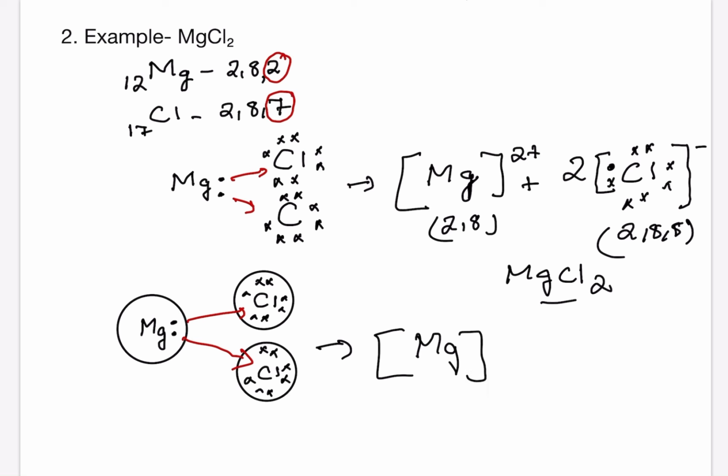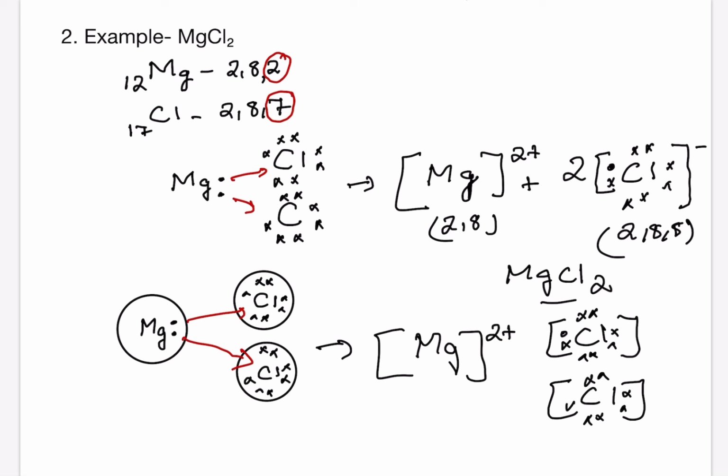We enclose this in a square bracket, 2 plus for 2 electrons, 1 each to chlorine, and then we can write Cl in a square bracket, and we can show the electrons, 1 2 3 4 5 6 7 and 1 dot, and then another chlorine, because there are 2 chlorines, Cl 1 2 3 4 5 6 7 and 1 dot, and finally the structure is MgCl2. So this is the ionic bond formation of magnesium chloride.